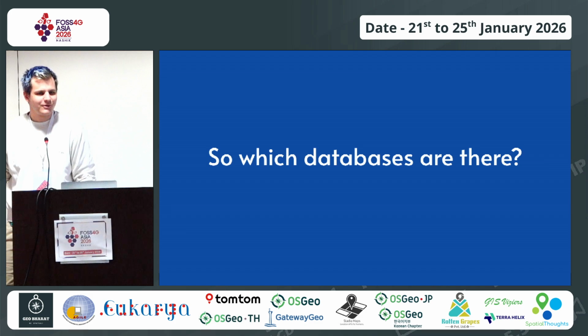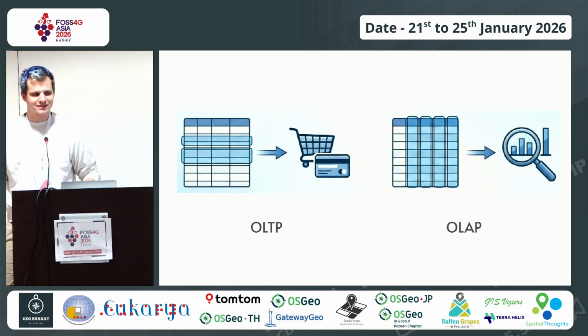So, what databases do roughly exist? Two kinds of systems. There are the analytical systems, which you let crunch over your entire data over the last 5 years. And then there are the transactional systems. Transactional systems are things like, do I have this in my shopping cart.